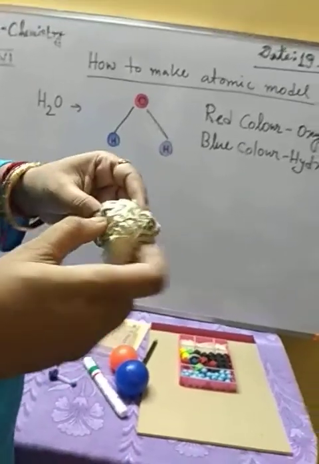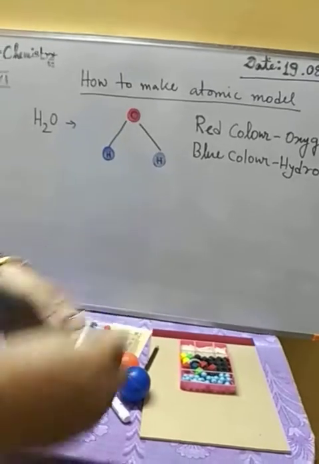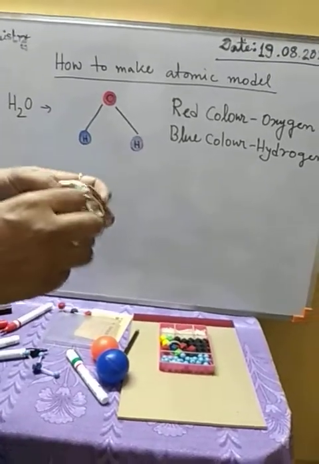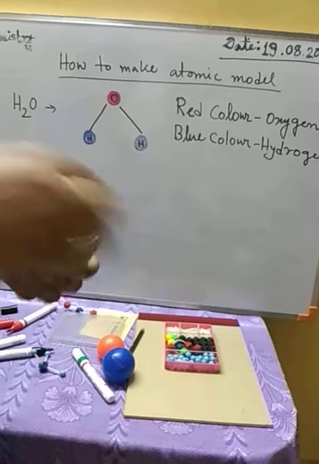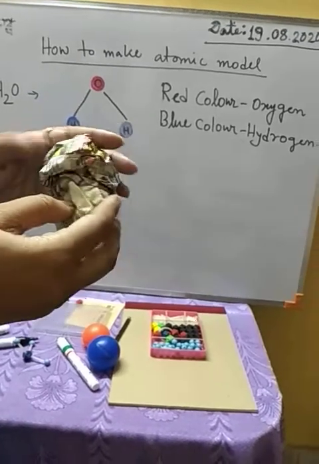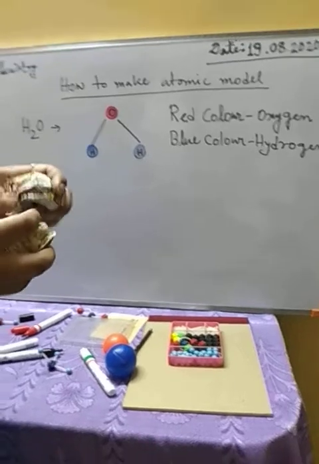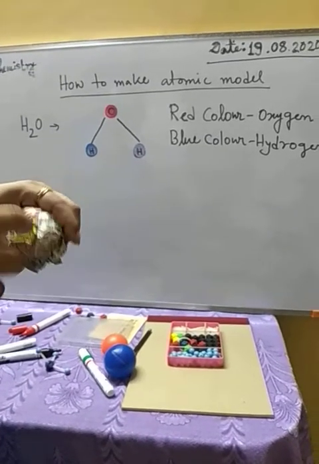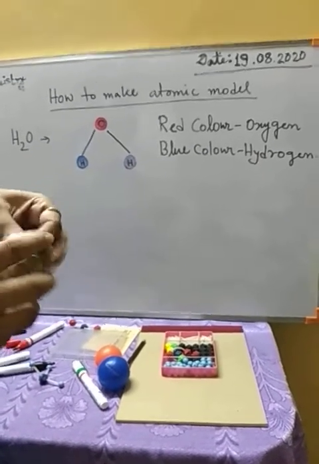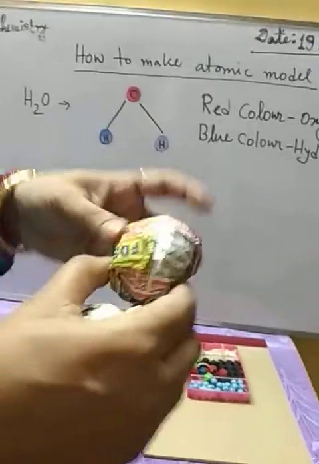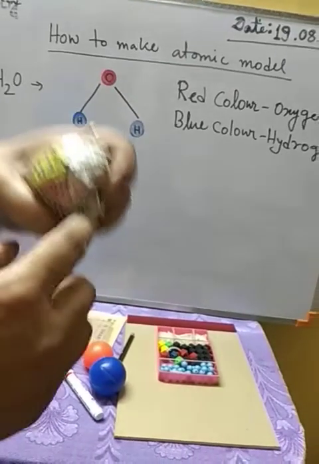Then you have to dry it, and then you can put another paper on this to make the size of the ball bigger, and finally you are going to wrap it with a white paper.